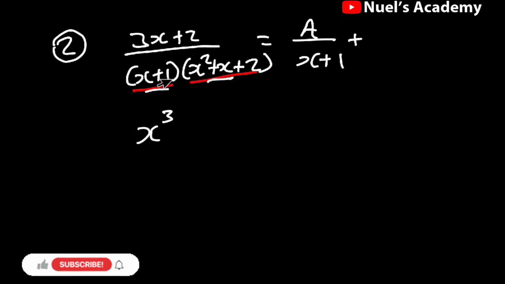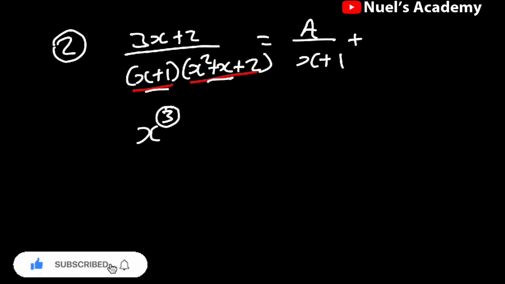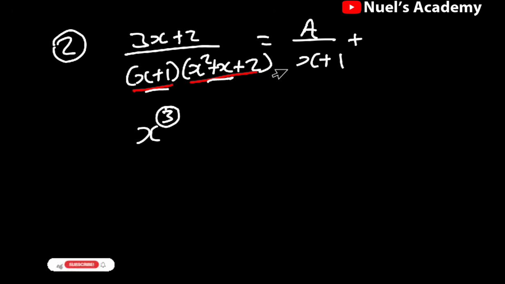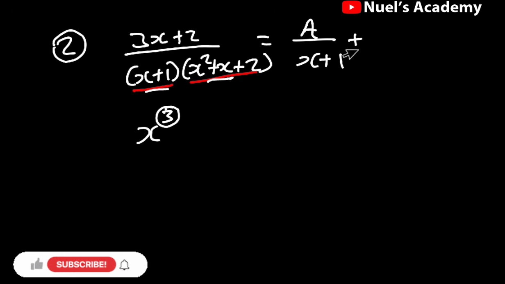So the degree of the answer you get after expanding these two factors is going to be equal to 3. And so because there are 3, we're going to have 3 constants. So how are we going to represent those 3 constants here?